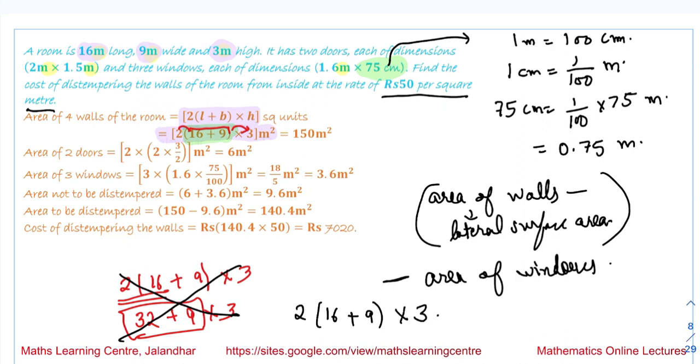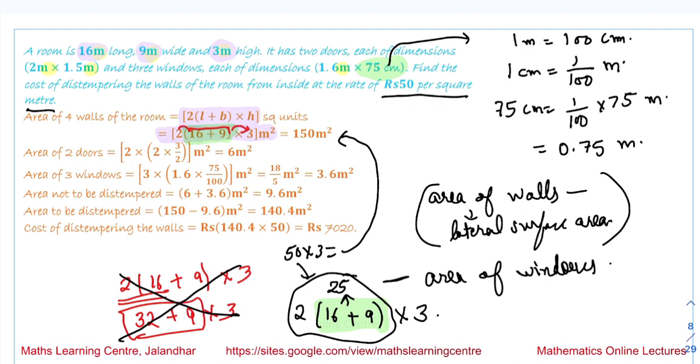First we solve the bracket. You add these two values and the answer is 25. Then 25 into 2 is 50, into 3 is equal to 150, and since this is area, the units are meter square.